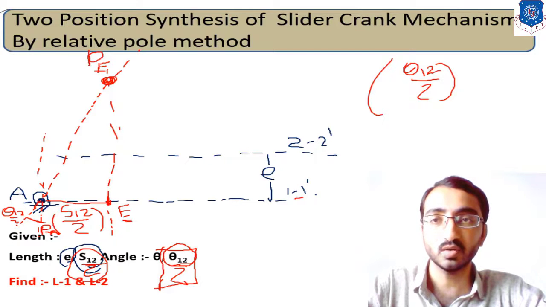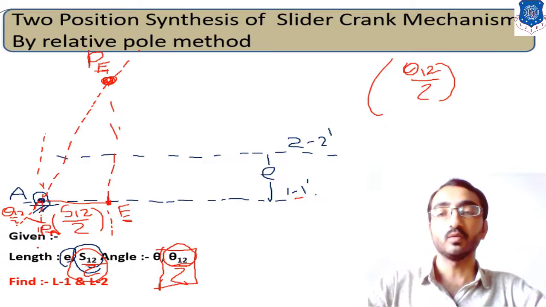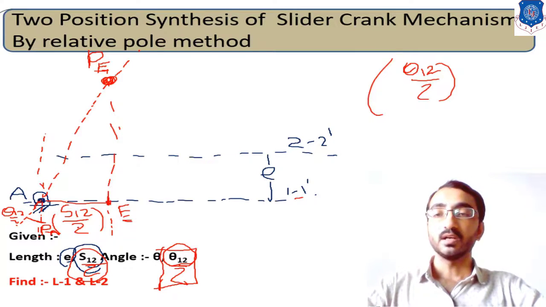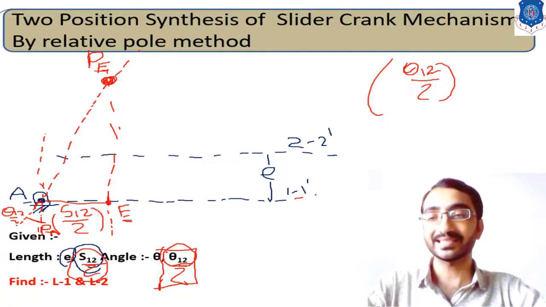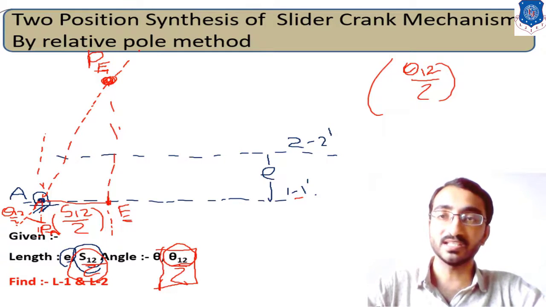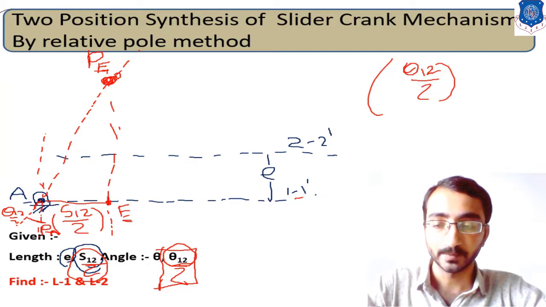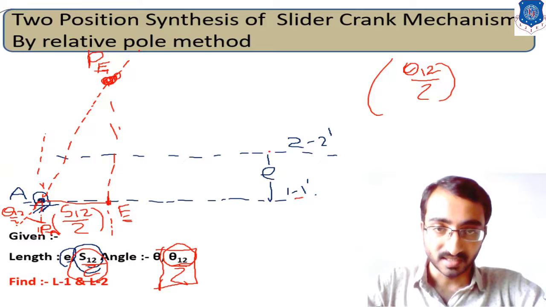Getting this? Up to this point, what you have done is take the displacement S12 by 2 and sketch it on your horizontal line. Then you take theta 12 by 2 and measure this angle with reference to this vertical line. This intersection gives you point PE. Now join this PE point to your slider position.